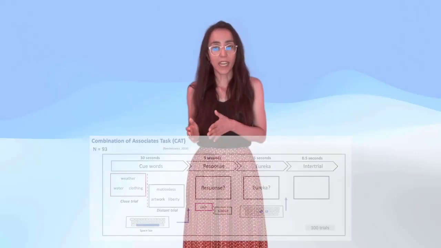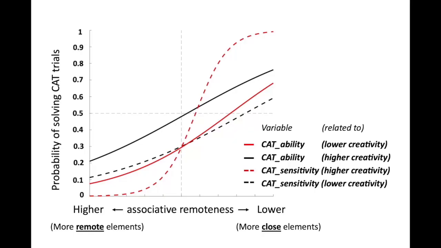Then we were able to compute different scores of these tasks, such as the level of accuracy and reaction times, and we also ran logistic regressions in order to compute the ability of the participants to solve the overall task, and the ability of solving the different trials when varying the associative remoteness between the keywords and the expected response.